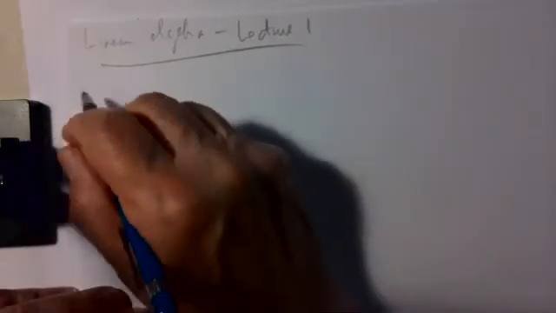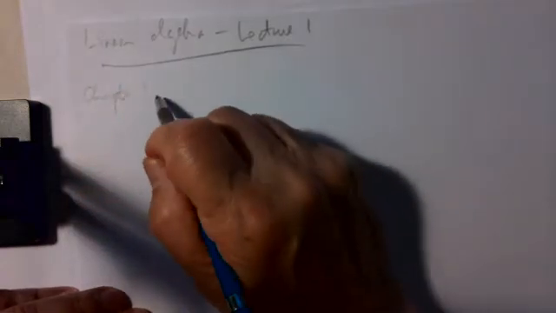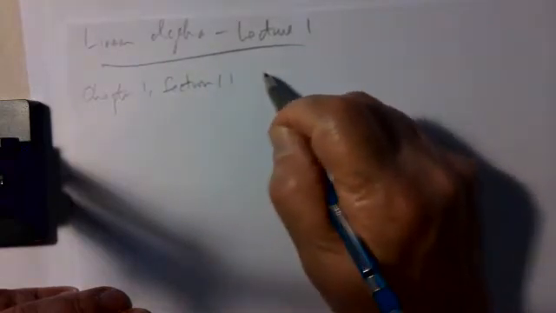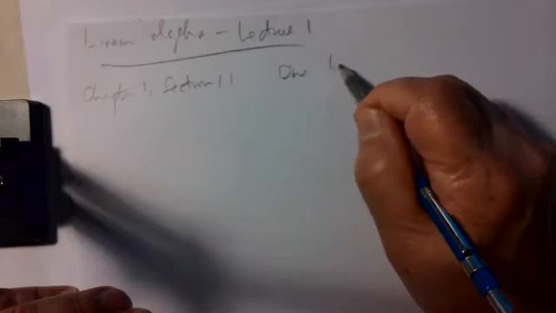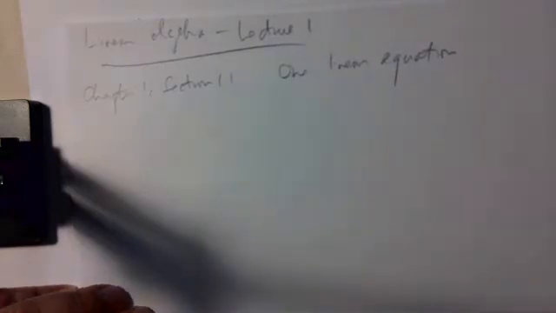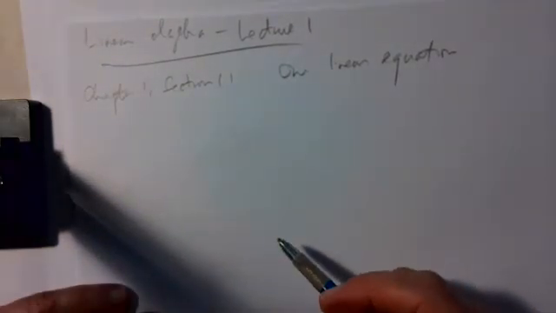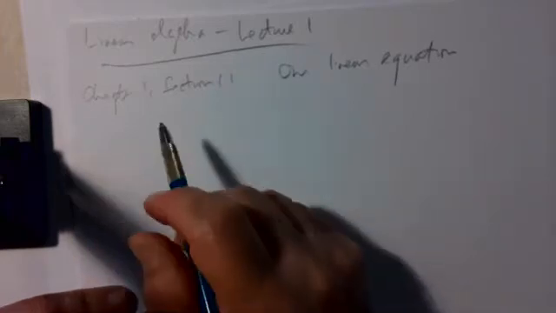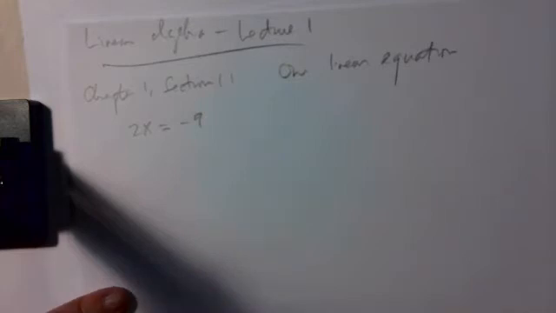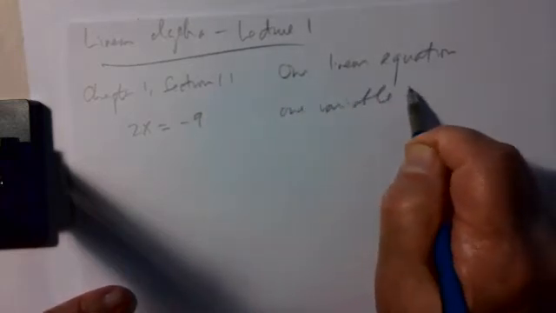And we're starting with Chapter 1, Section 1.1, which is just looking at one linear equation. By a linear equation, you've seen simple examples in high school math, like 2x equals -9, which is a linear equation in one variable, x.